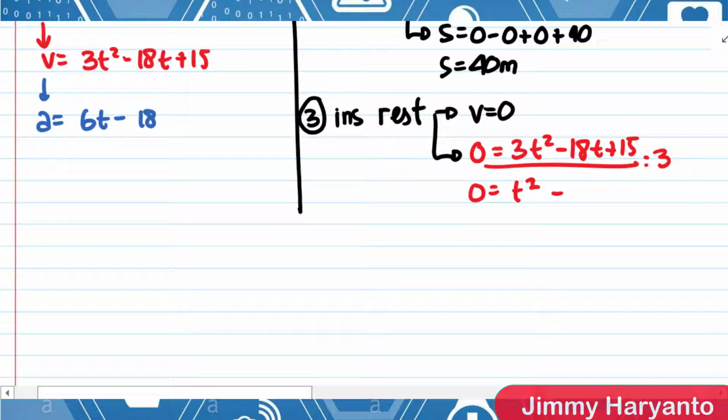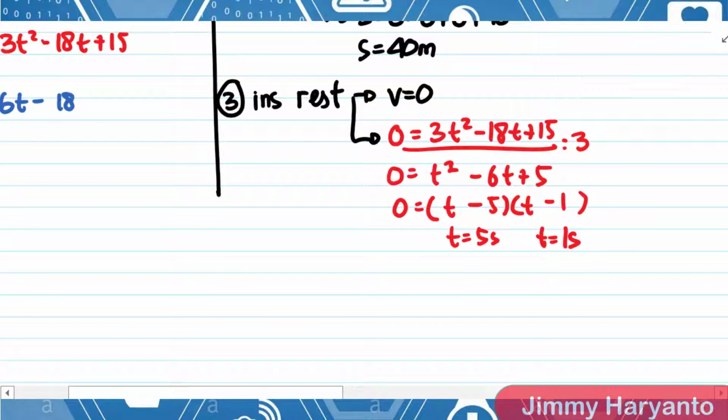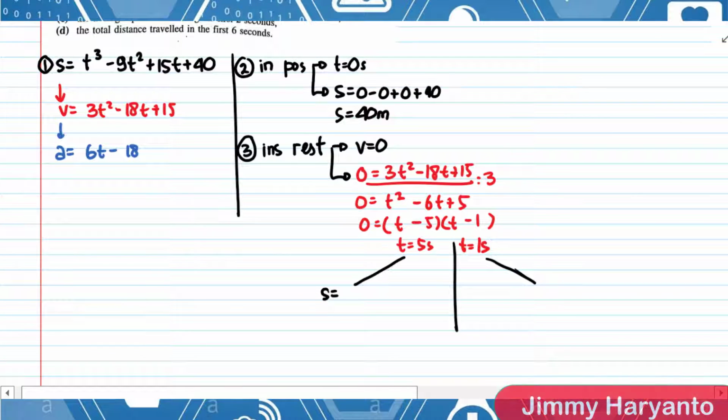So t squared minus 6t plus 5. After that, you can factorize it like usual. You'll have t equals 5 seconds and t equals 1 second when the particle is instantaneously at rest. Next is to find the position. Find the position of the particle when time equals 5 seconds.